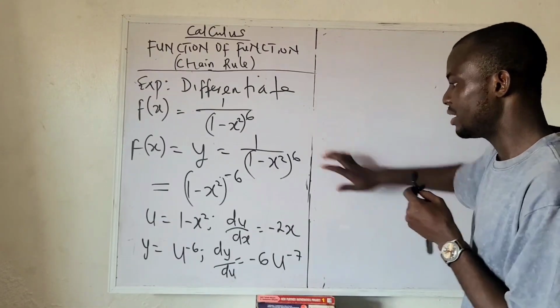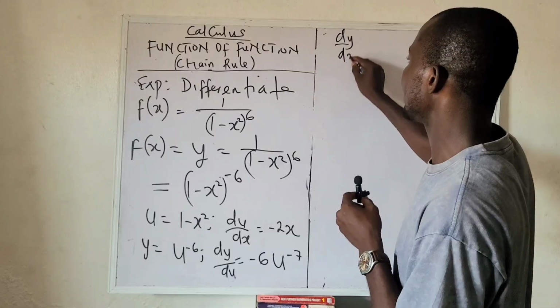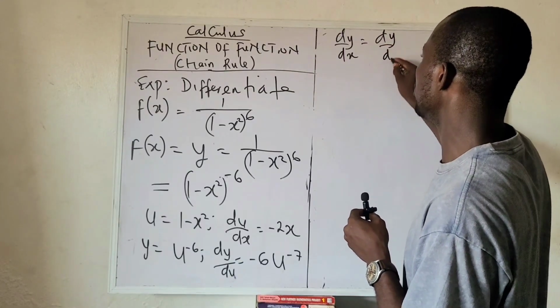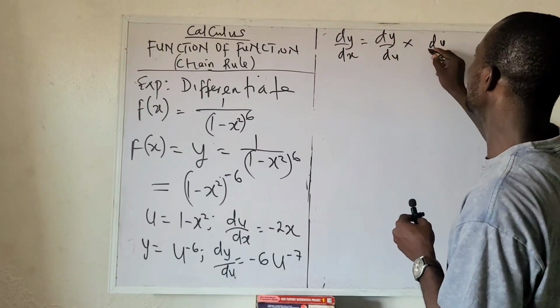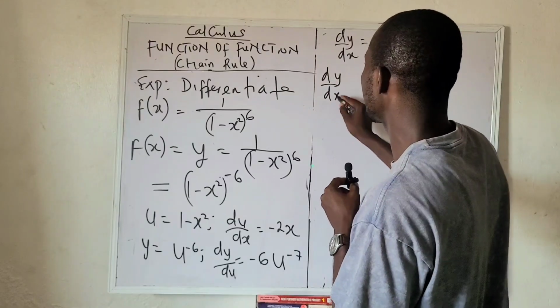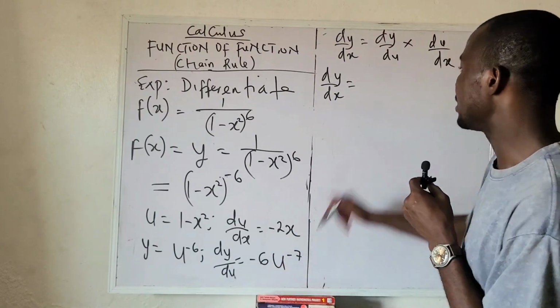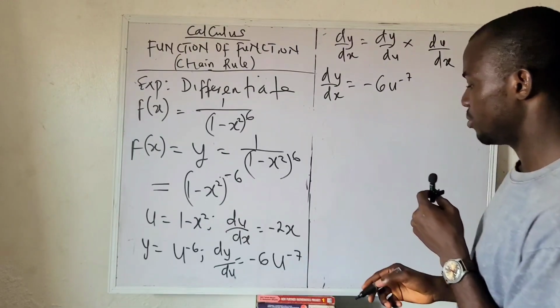So if that is the case, you remember that dy over dx is equal to dy over du, always remember this, times du over dx. What's your dy over du? The dy over du is minus 6u raised to the power minus 7.